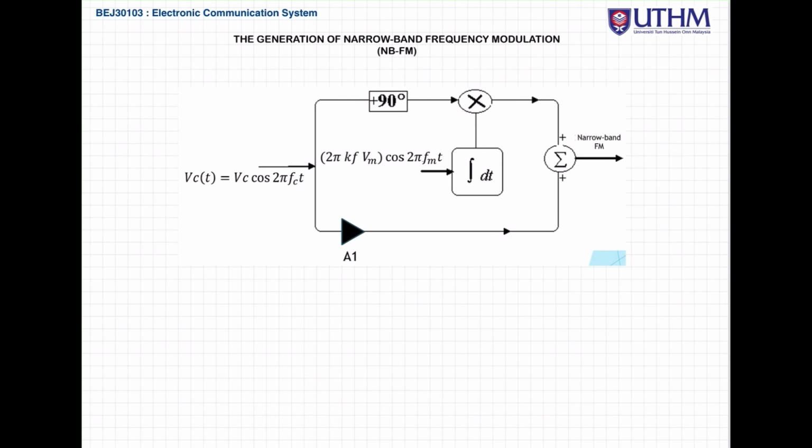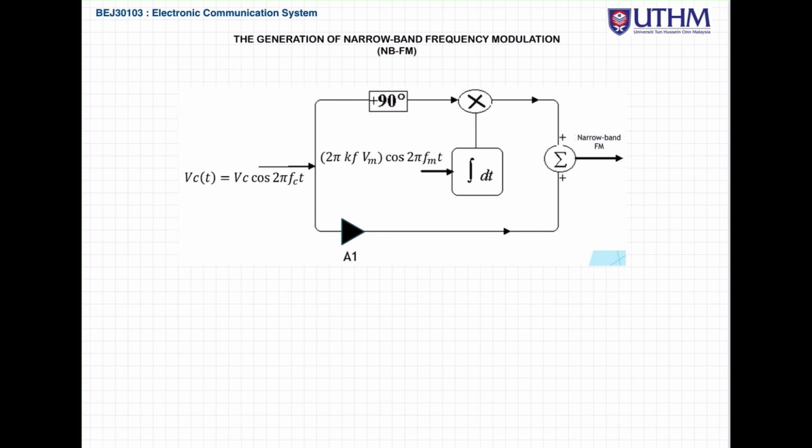This system consists of a 90-degree phase shifter, multiplier, integrator, gain, and the last node is the summation node, the adder.